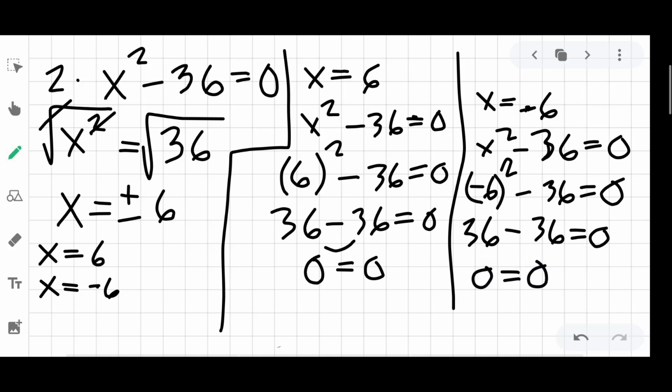Equals 0. So, since equal sila, therefore, correct din yung sagot natin for x is equals to 6. Ito lang naman yung solution dyan. So, ginagawa lang natin to for checking. Pero kung nakuha mo na to, pwede namang hindi mo na siya i-check.